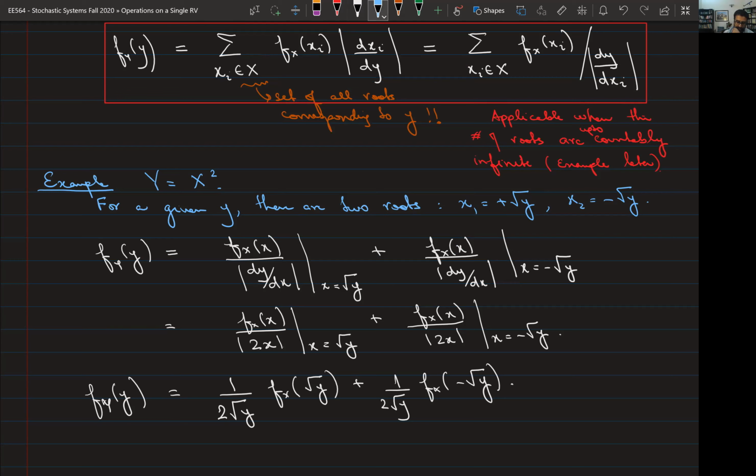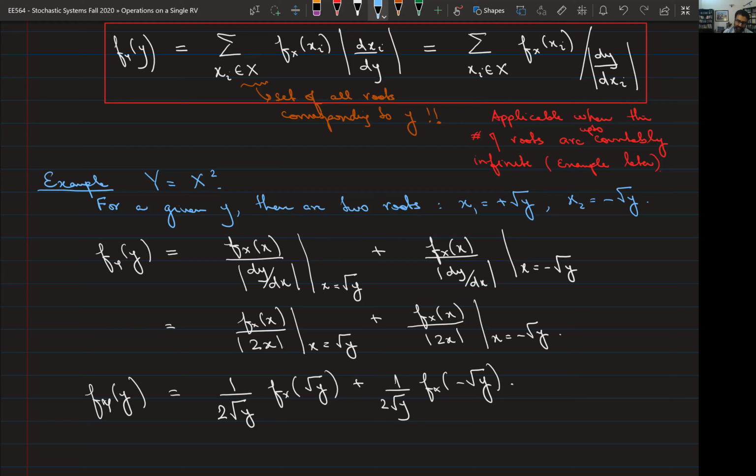So what happens if y is negative? There is no x for negative y. Exactly. So if y was negative, there would have been no x that could have resulted in that y.